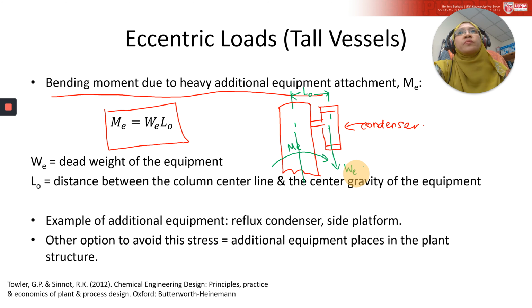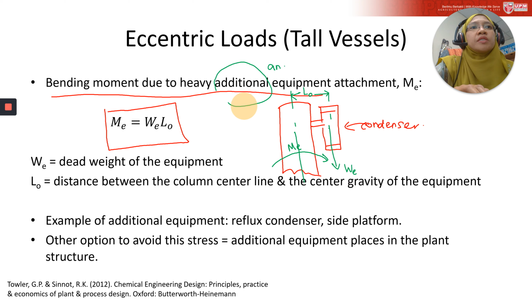The additional equipment, or the other term commonly used, is ancillary equipment. The ancillary equipment attached to a distillation column or any tall vessel is subject to bending due to the weight of this condenser or any other equipment, normally heavy equipment.